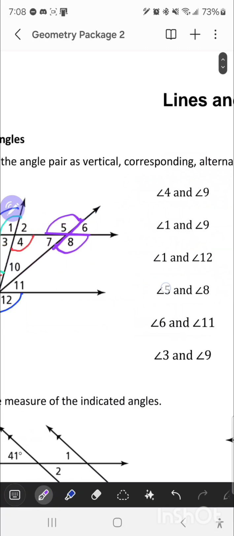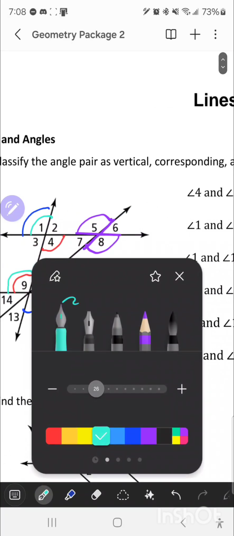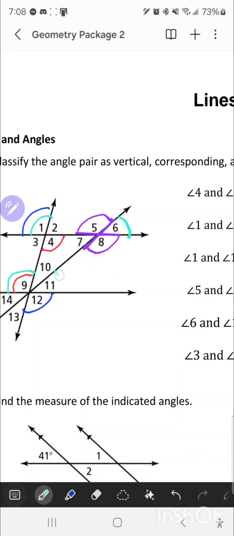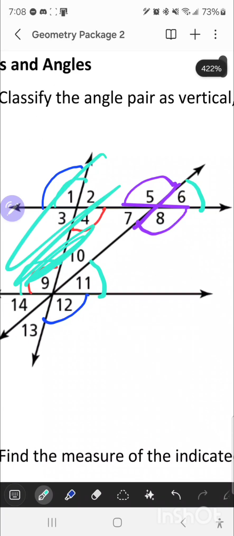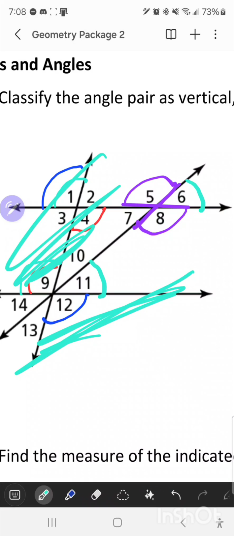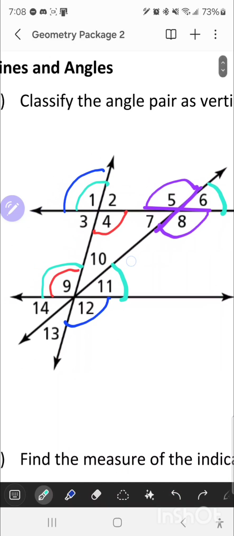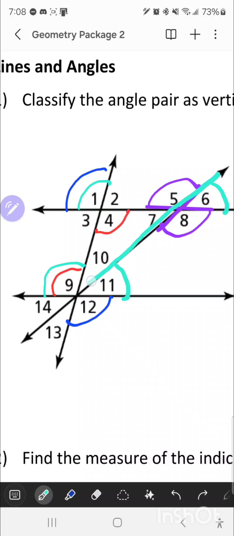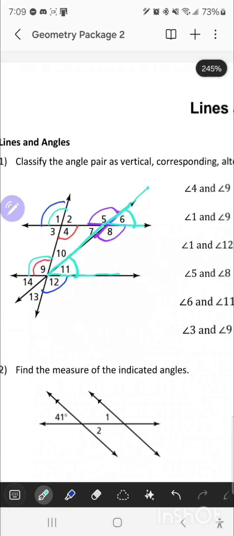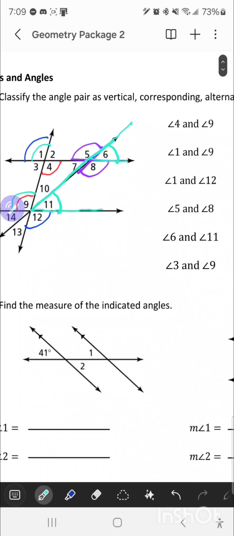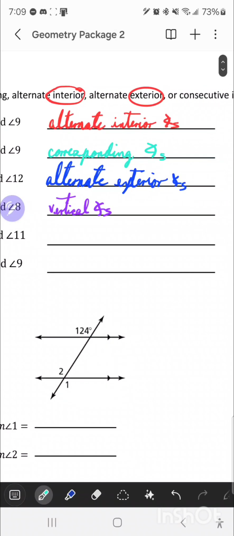Okay, next, 6 and 11. I say that this is 6, this is 11, and this is like a weird figure, and for this I just recommend ignoring it. So we keep the line, we are just going to follow the line, and we can see that it is an F. I know it's upside down, but it's still an F, so they are corresponding angles.